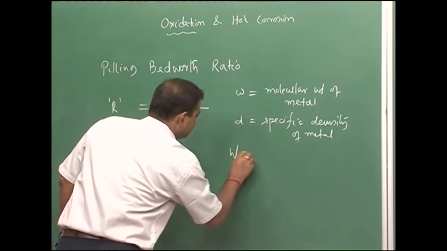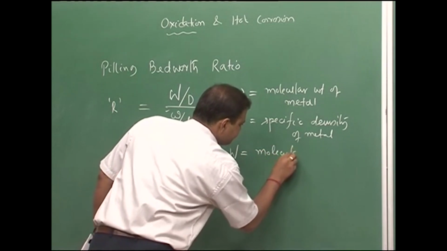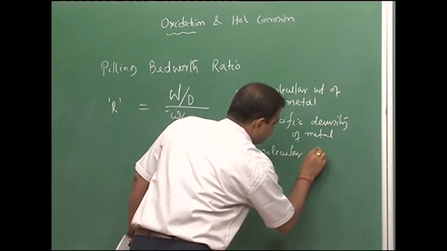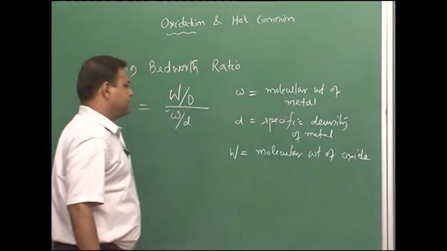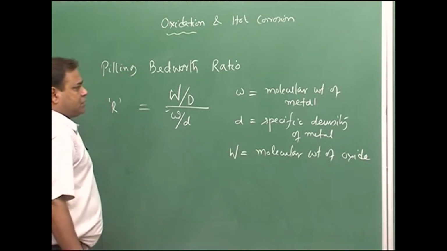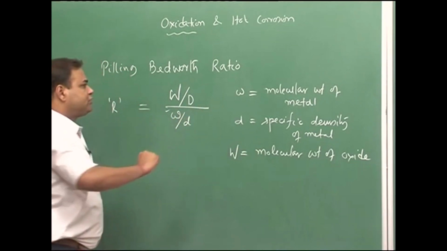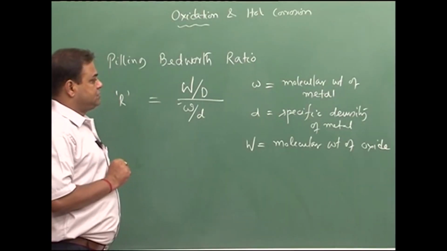Similarly, capital W is the molecular weight of oxide, and we have to be careful that we always consider 1 mole of metal which is getting oxidized.